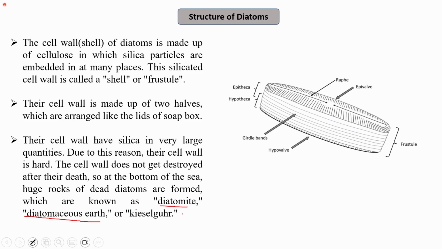So diatomaceous earth, or kieselguhr, right? These are the terms that we have given to the huge rocks which are formed at the bottom of the sea. So this was about the structure of diatoms.